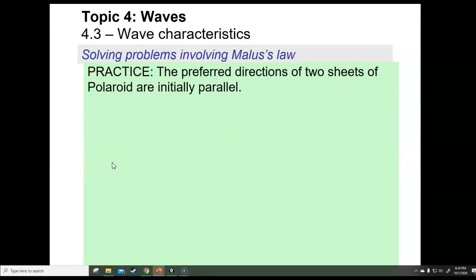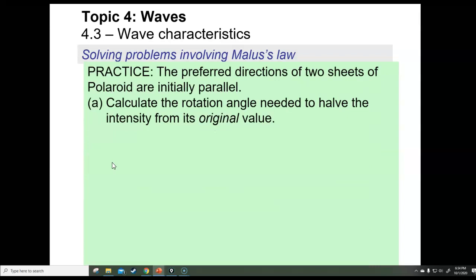Just a couple more examples. Calculate the rotation angle needed to halve the intensity from its original value. We don't know what the angle is. That's what we're asked to find. But we want to halve the intensity of polarized light from its original value.